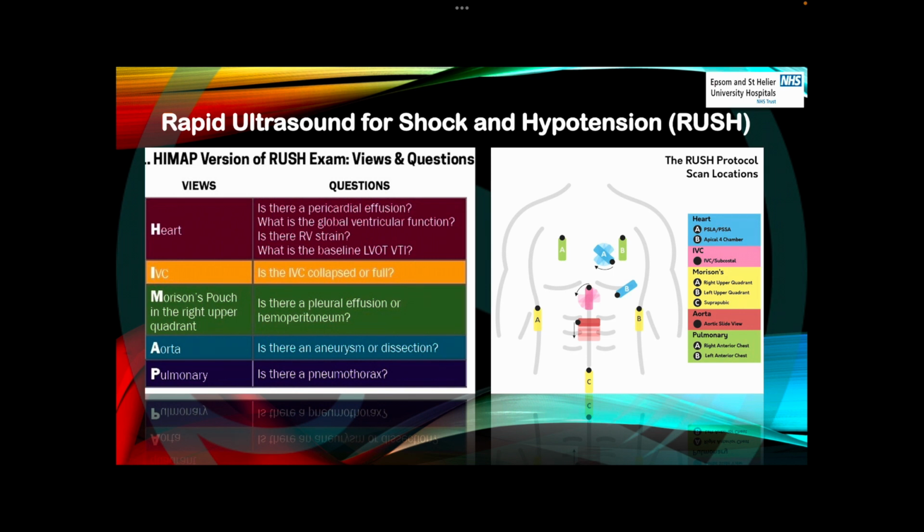Also IVC, if there is any collapse, or if it is full. Morrison's pouch, as we said, right upper quadrant area. And if there is any pleural effusion or hemoperitoneum. Aorta, okay, is there any aortic aneurysm?